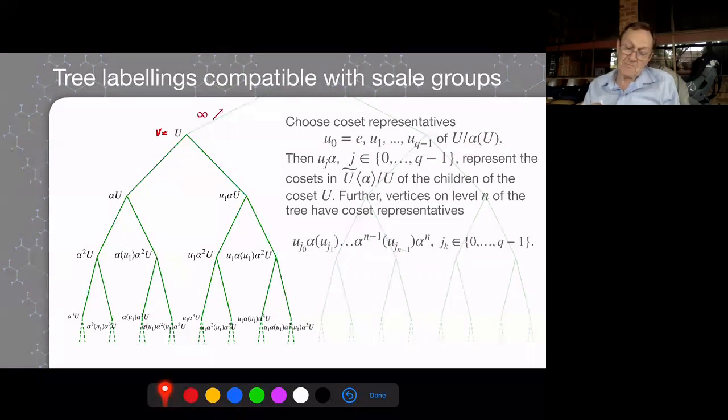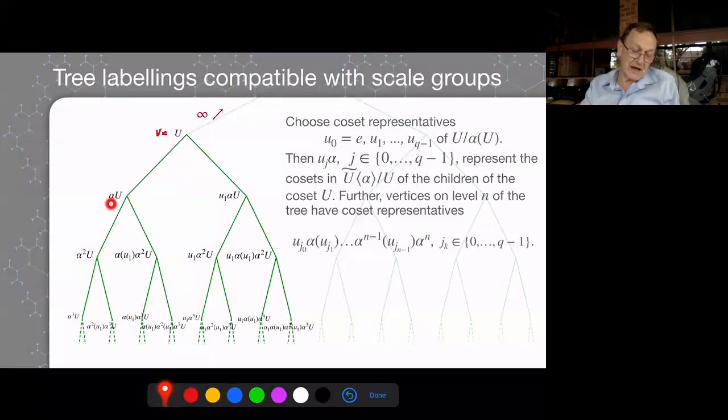Then Uj alpha represent the cosets below U, where now we're thinking of below as further away from the point infinity. So below means with respect to the point infinity, which is out in this direction. This is the vertex that's fixed by our scale group.